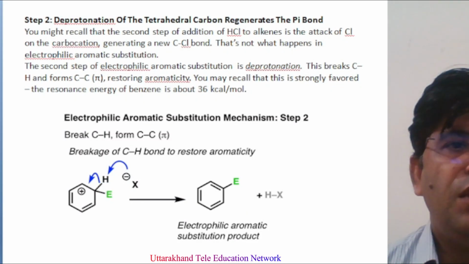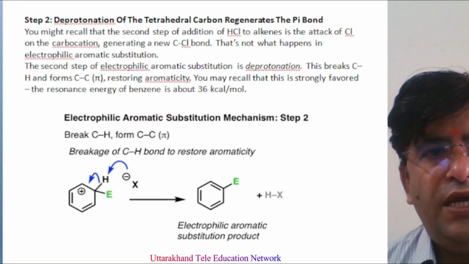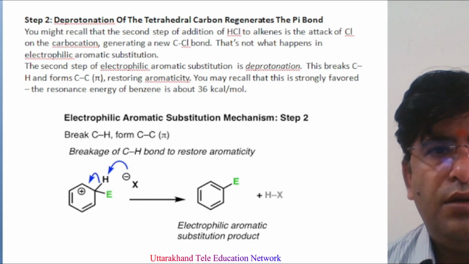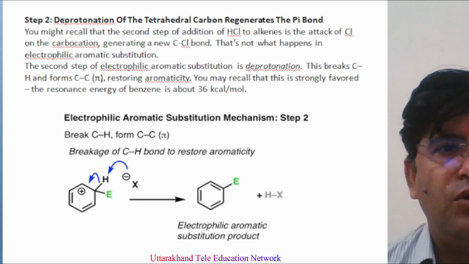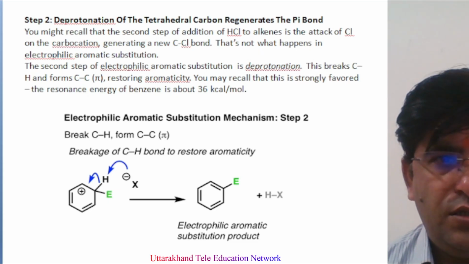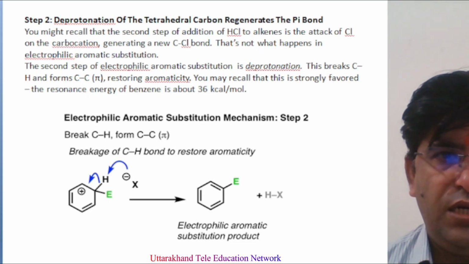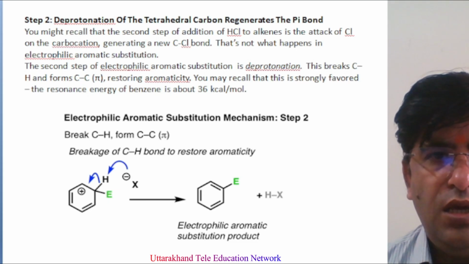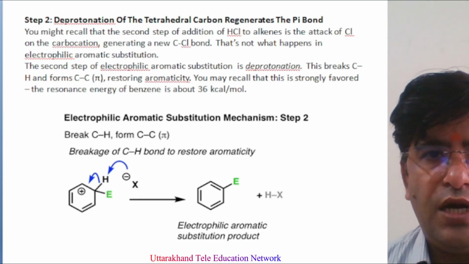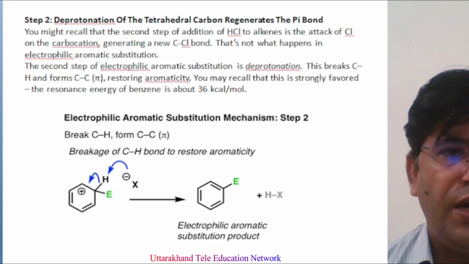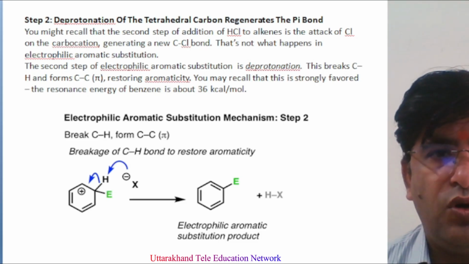Step 2: deprotonation of a tetrahedral carbon regenerates the pi bond. You might recall that the second step of addition of HCl to an alkene is the attack of Cl- on the carbocation, generating a new C-Cl bond.